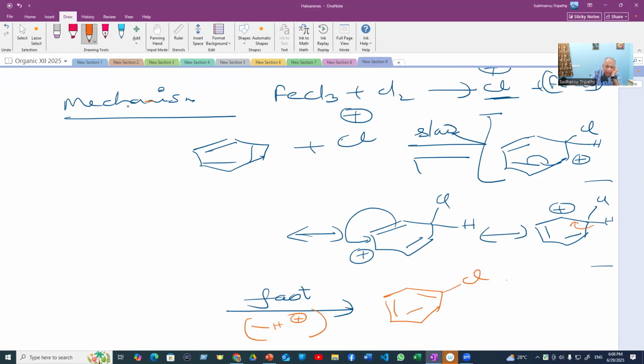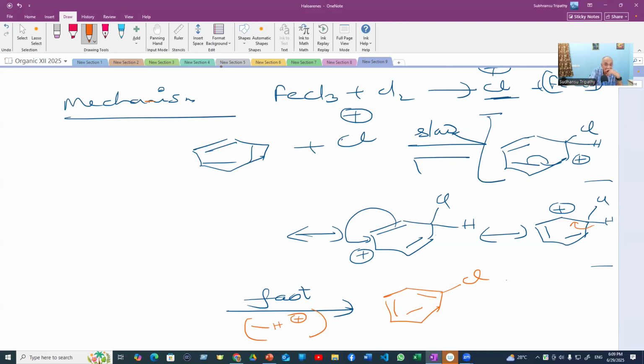Therefore, the breaking of the C-H bond does not contribute to the rate. If you take deuterated benzene and ordinary benzene, you don't find any difference in rate. Although the C-D bond is stronger than the C-H bond, many times stronger, still you get the same rate.